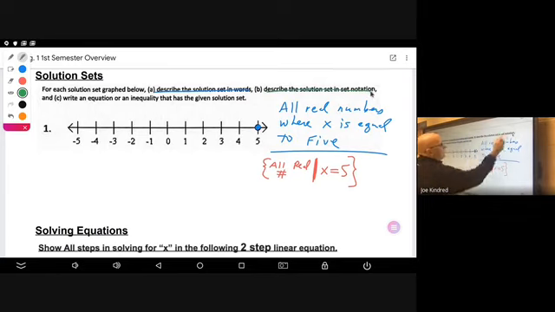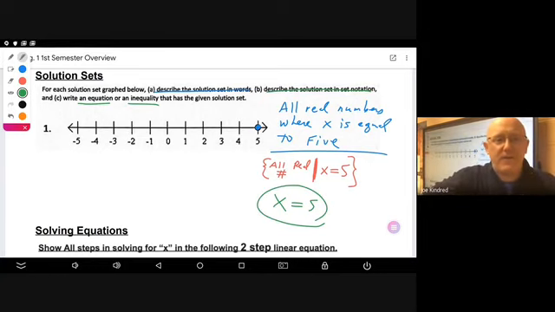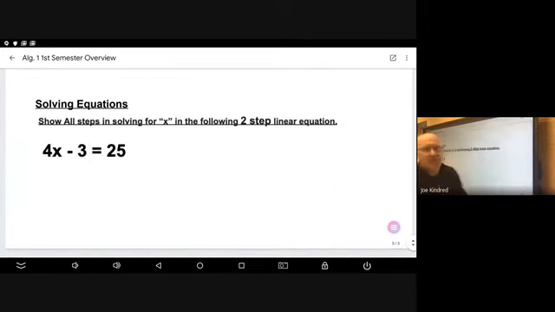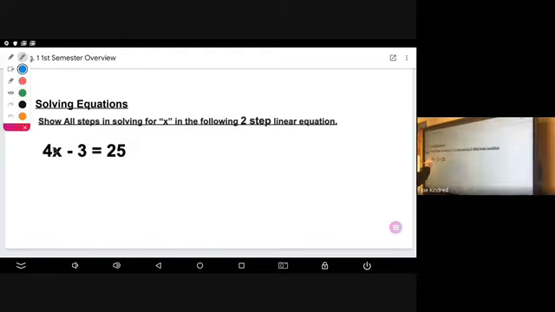Do that in red. In set notation, a little squiggly mark right here. And as I recall, you're going to say all real numbers such that x is equal to 5. And you close out the set notation with that mark again.